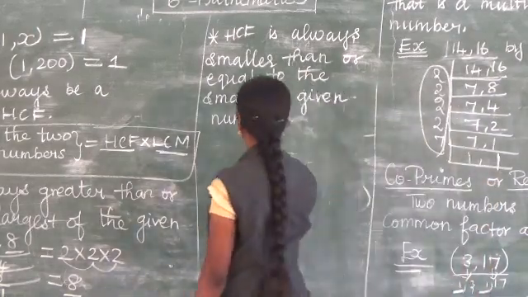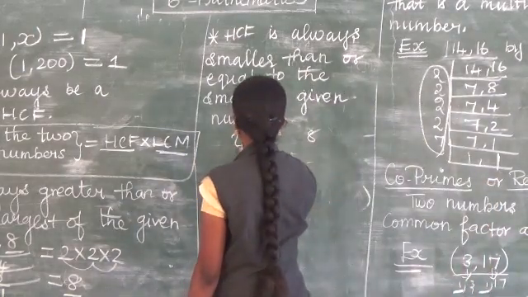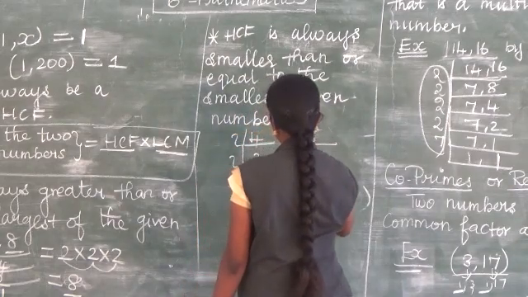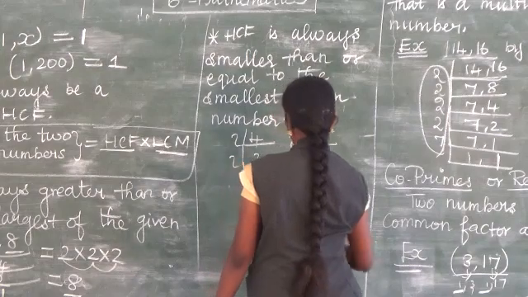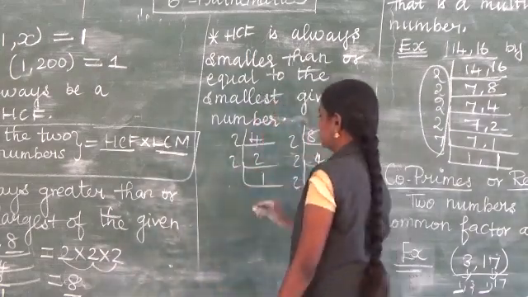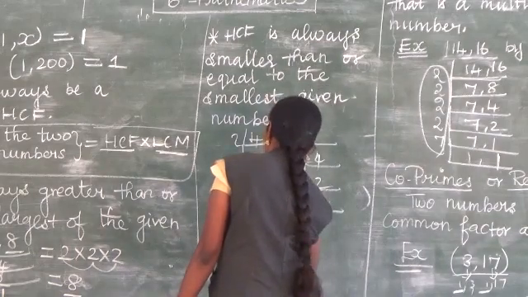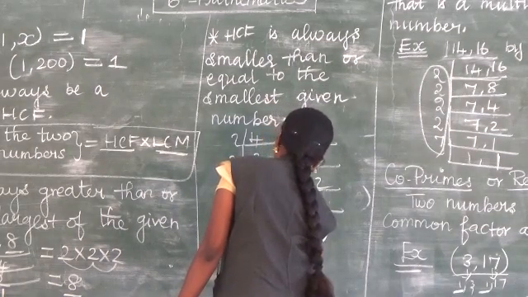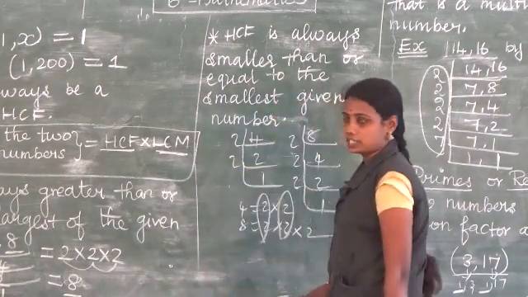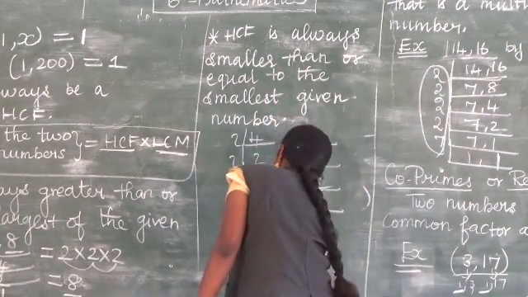So for example 4 and 8: 2 table 1, 8, 2 table 4 times, 2 table 2, 2, 1. Now write the factors: 2, 2, 2, 2. Write the common factors alone. So 2 factors are common, so multiply the 2 factors.